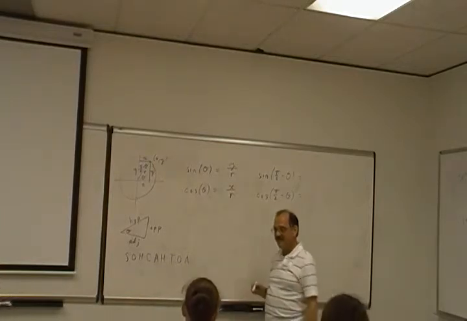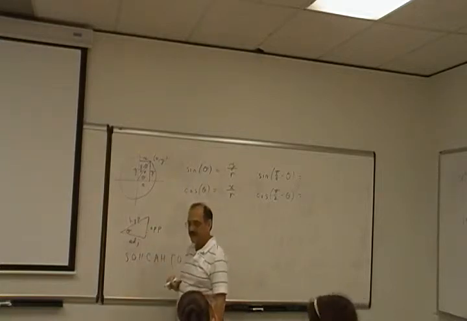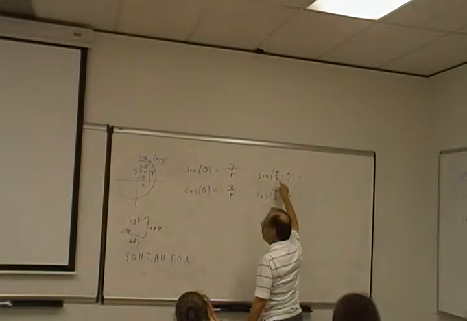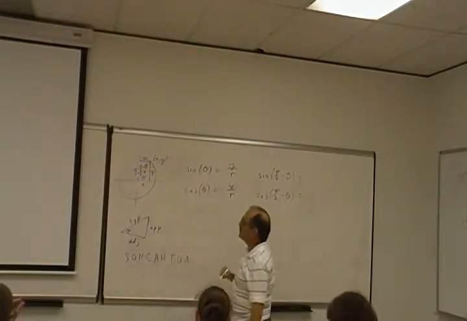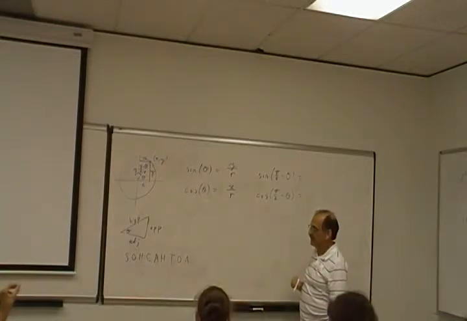Do you remember what that means? For the sine function, opposite over hypotenuse, right? So here, the angle is pi over 2 minus theta, which is that angle. What is the sine?